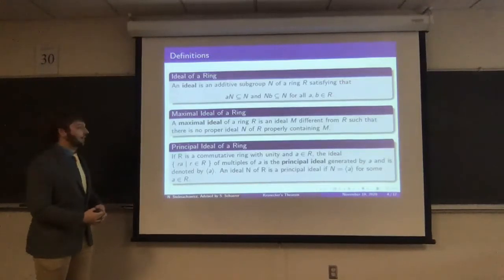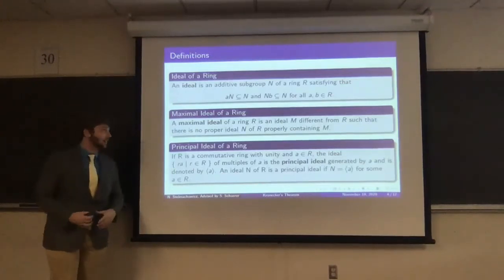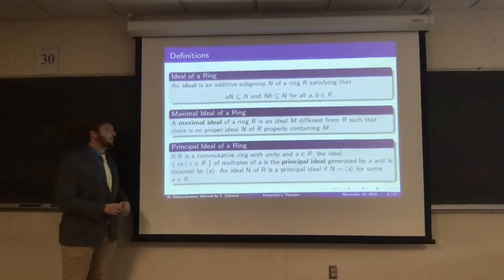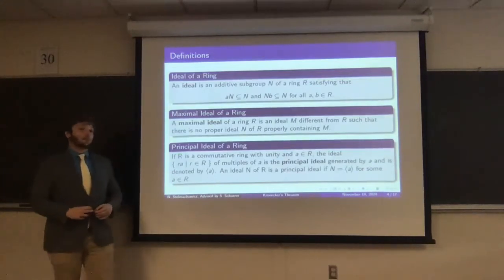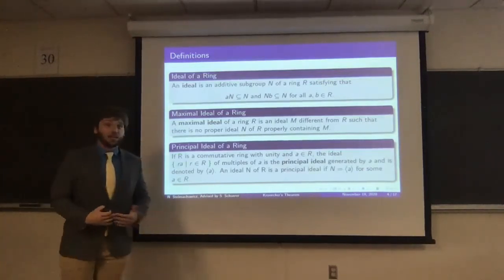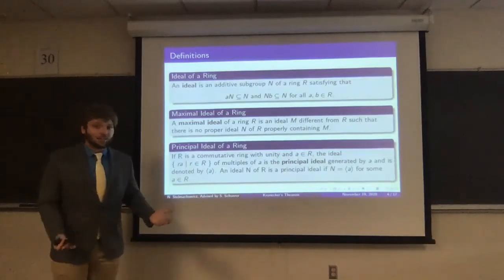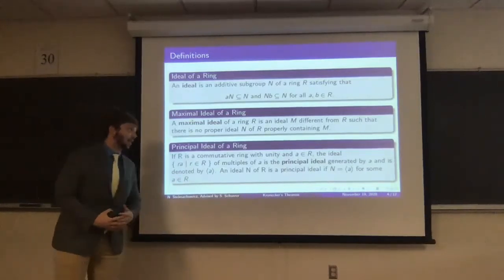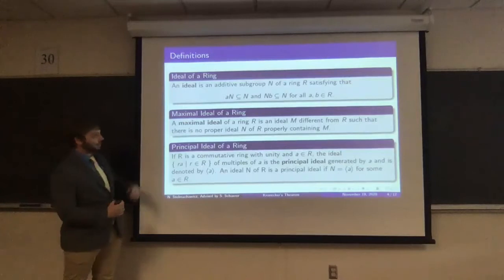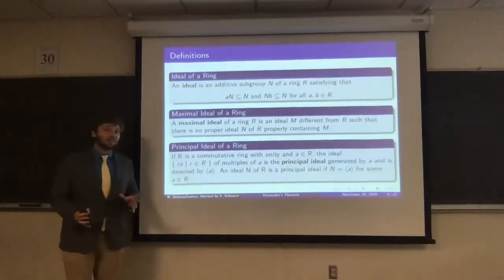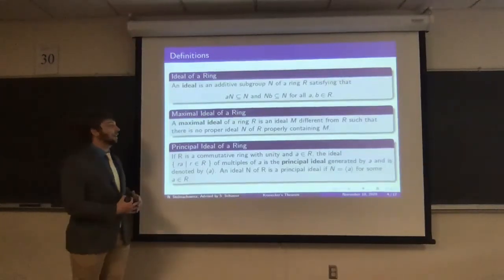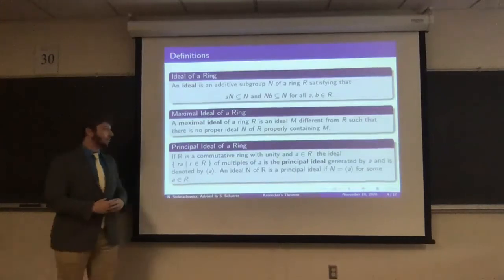Moving on from the ideal of a ring, we have the maximal ideal of a ring. A maximal ideal of a ring is basically an ideal that there is no other ideal that contains it within the ring. So in the definition here, M is our biggest ideal. There's nothing bigger other than the ring itself.